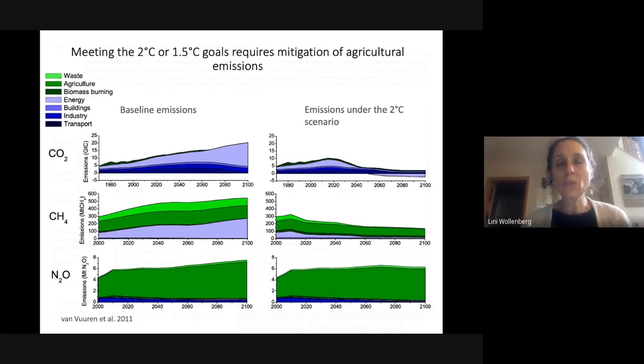So what we're going to do to calculate our difference, our target of how much mitigation is necessary, is we're going to compare what's in that left-hand column with what's in the right-hand column, and that's what our target is, right? So in any one year, like in 2040, under baseline emissions, there's a very high level. We would come over to 2040, and that difference to what the emissions necessary is our mitigation. And we can do that for, again, in the case of agriculture, methane and nitrous oxide.